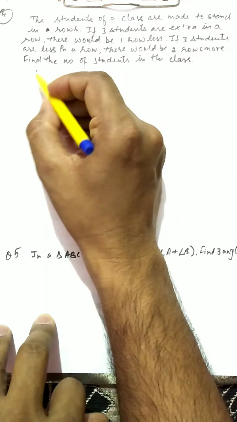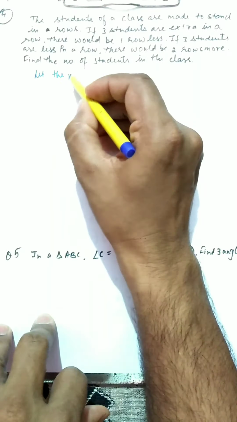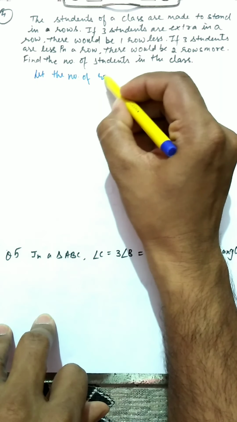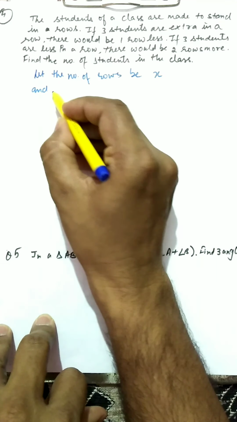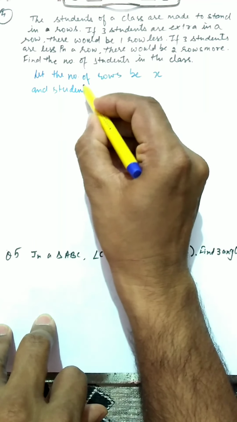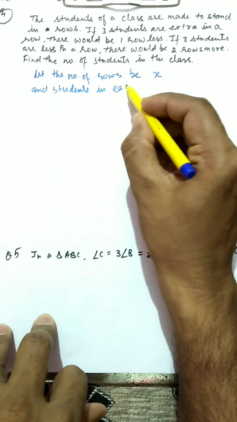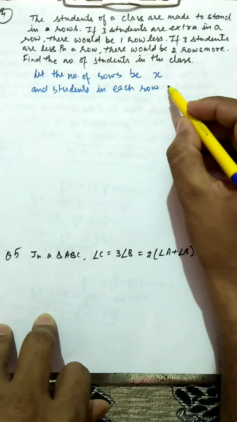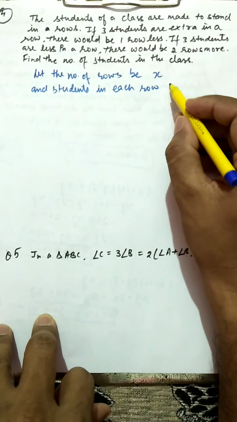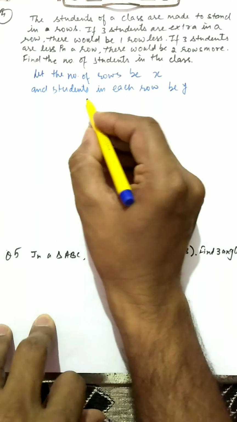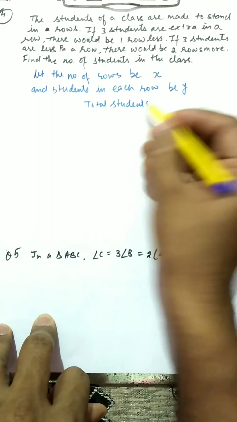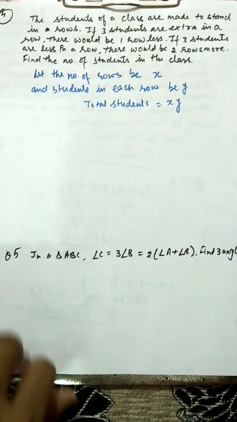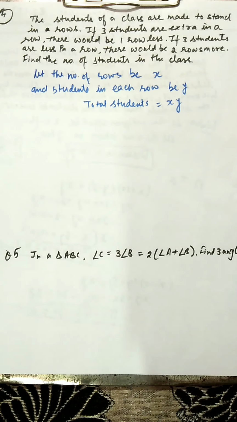We assume let the number of rows be x and the students in each row be y. So your total students will be x into y, because you multiply rows with the number of students, then you will get the total number of students.